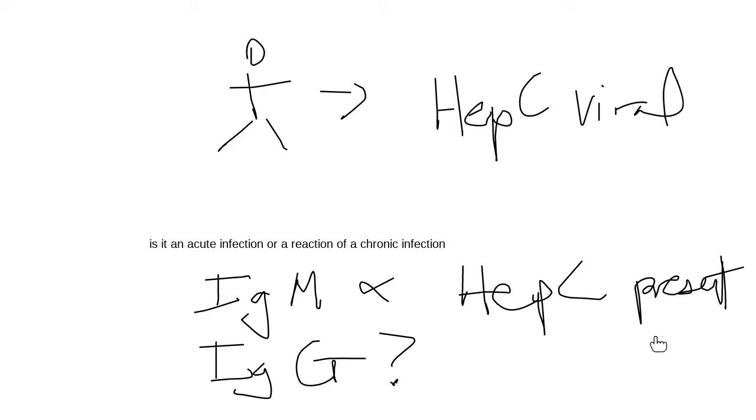It's chronic. Chronic, yeah. And if I say, oh, there's an IgM present against Hep C, so what do you think? Is it chronic? IgM? IgG is chronic, but IgM means recently contracted. Yeah, so IgM goes up would mean that it's an acute infection.